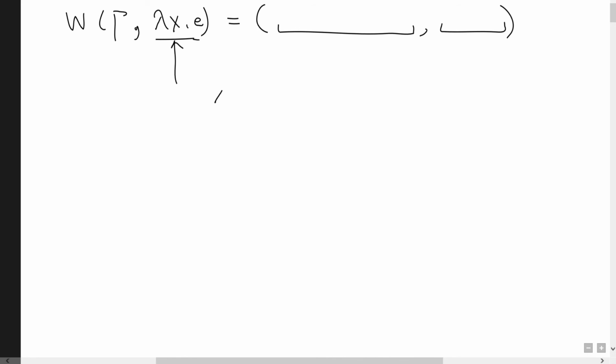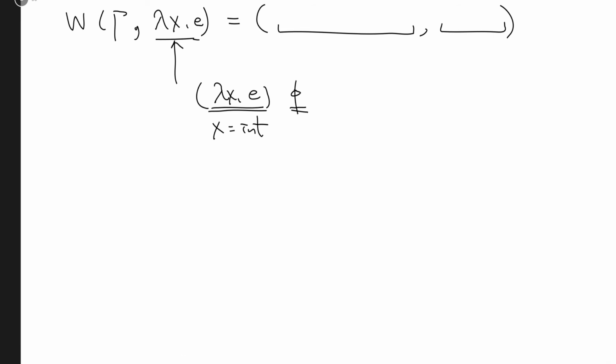For instance, if the argument is something like integer 0, then x could be assigned the type int. But the problem is, we are just focusing on this lambda abstraction and we have not analyzed the argument yet. Or even if we have analyzed the argument, the result of analyzing the argument is not passed to this function call.